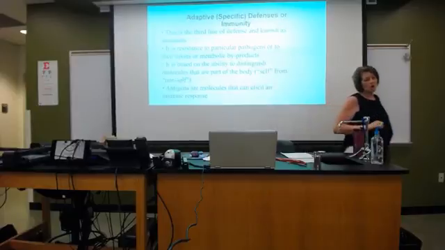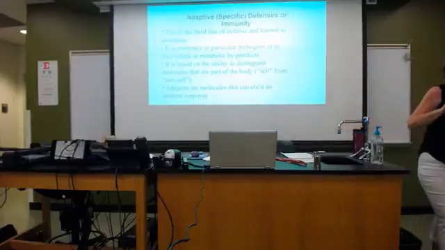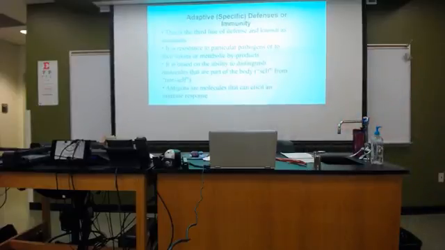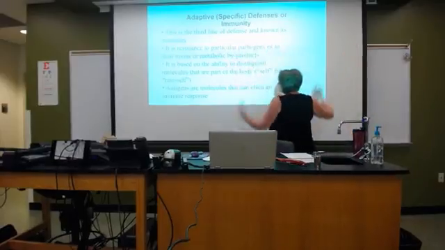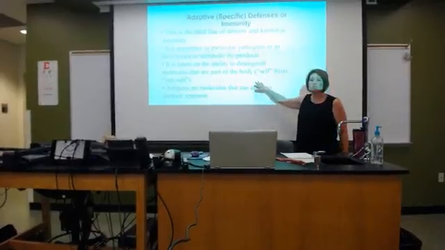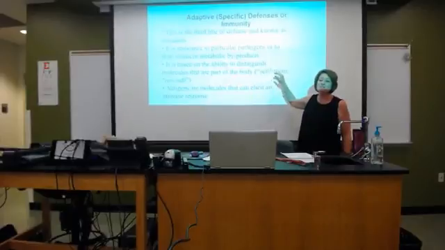What is that called? Autoimmune. When your body begins to attack its own cells, this is an autoimmune disorder. So the goal in this specific system is to make sure we attack what is foreign.